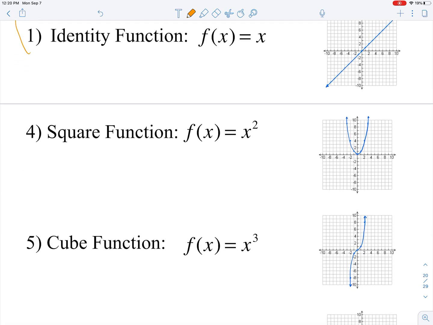All right, the square function, also known as quadratic function. This is f of x equals x squared, the most basic quadratic function.